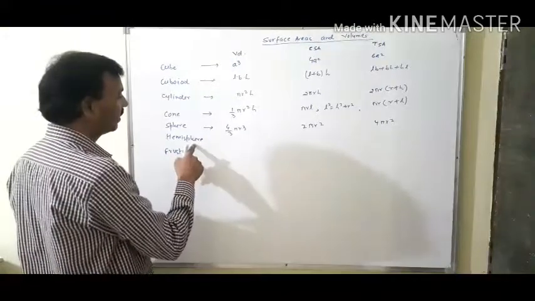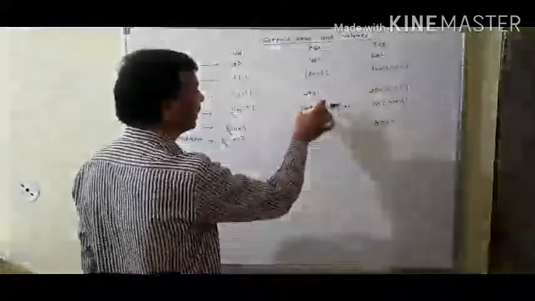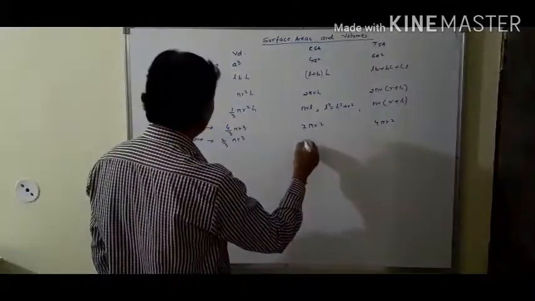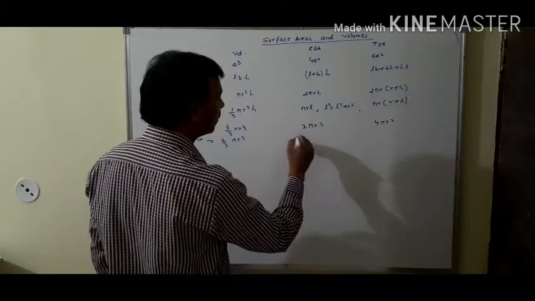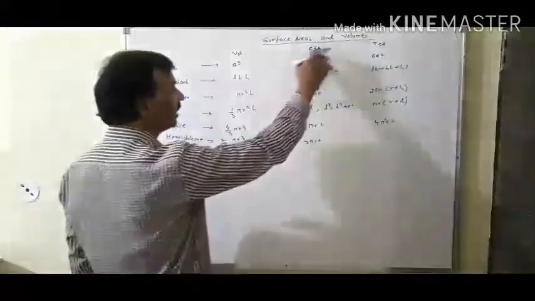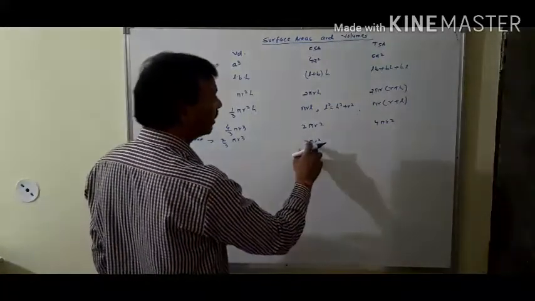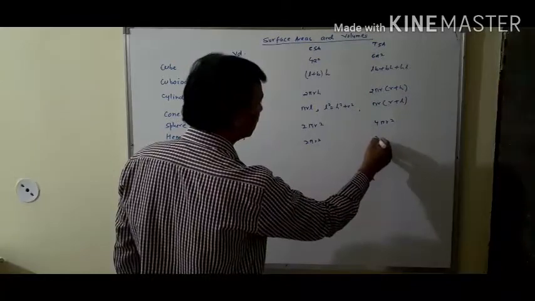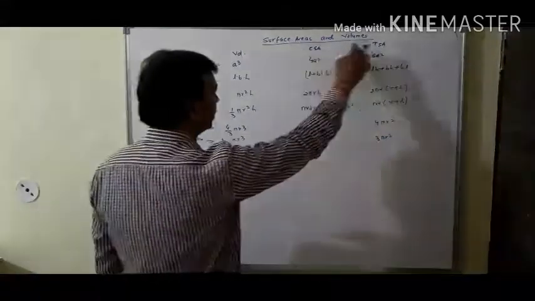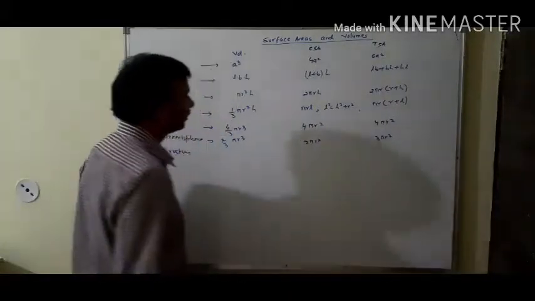Volume of hemisphere is 2 upon 3 pi r cube, while CSA of the hemisphere is 2 pi r square and TSA of the hemisphere is 3 pi r square.